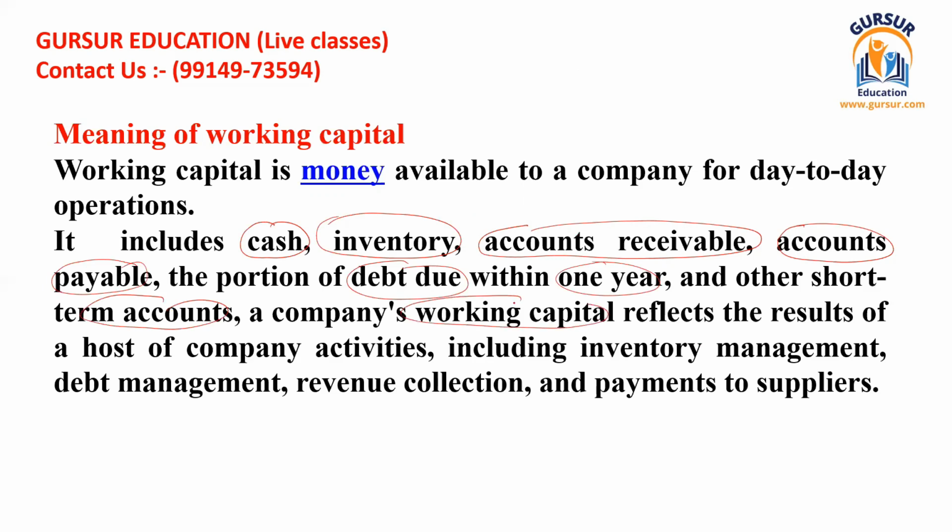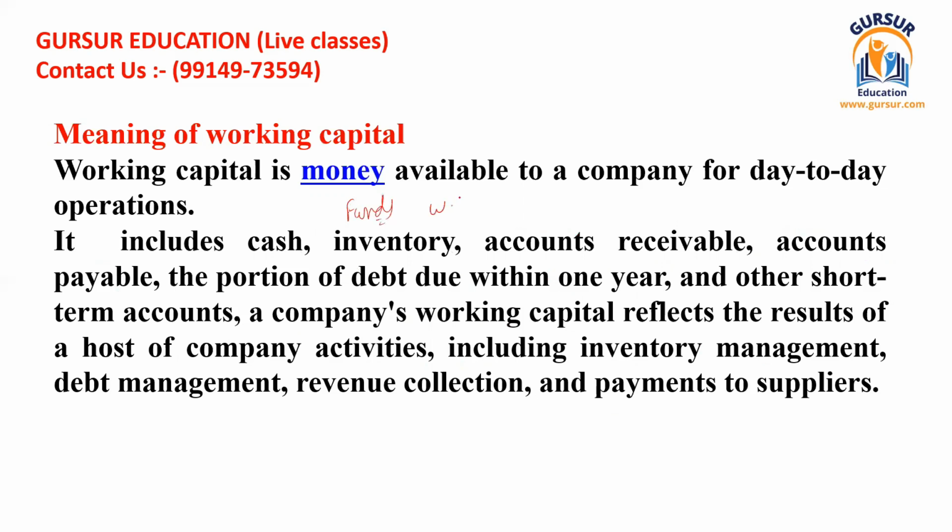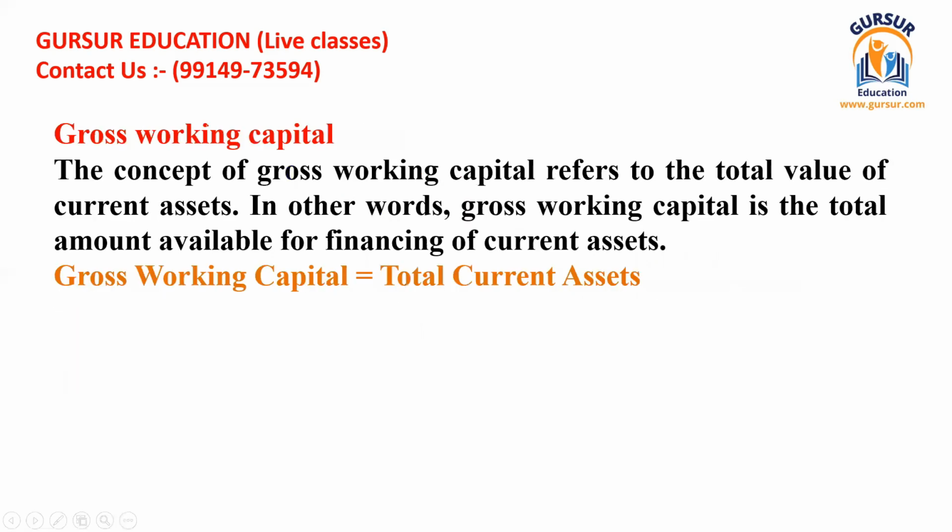We can say a company's working capital reflects the result of a host of company activities, including inventory management, debt management, revenue collection, and payment to suppliers. So decisions and management regarding all these short-term sources of funds or application of funds is known as working capital decisions or working capital management.